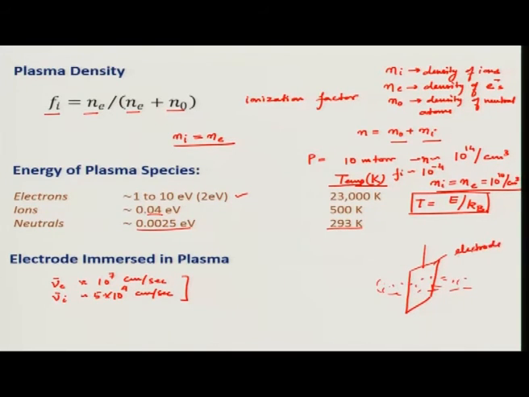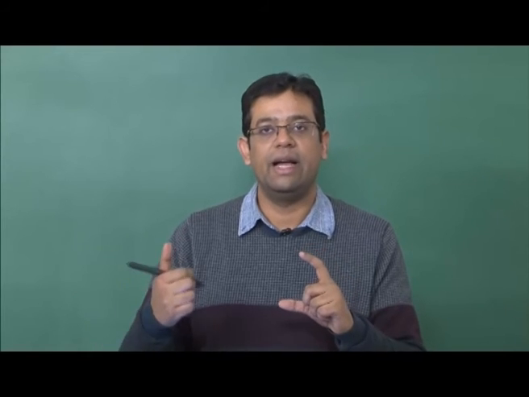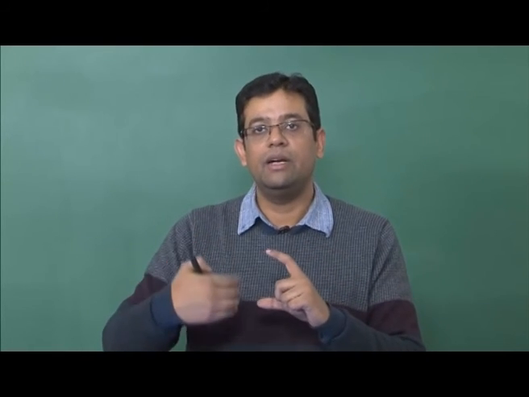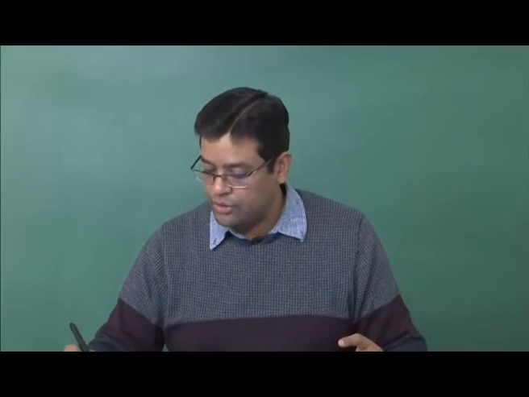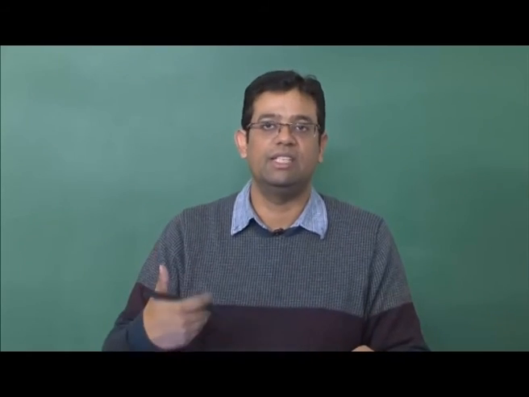If more electrons are impinging on it than positive ions, then it will get negatively charged. So, my electrode will become negatively charged, and when it becomes negatively charged, it will start to repel electrons and attract ions, such that there will be a balance between the two and my electrode will remain negatively charged.